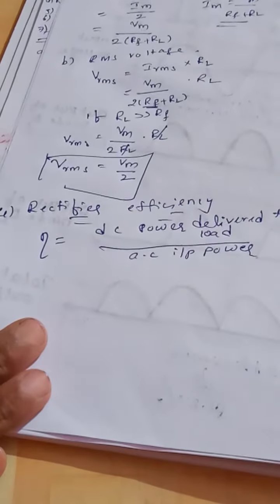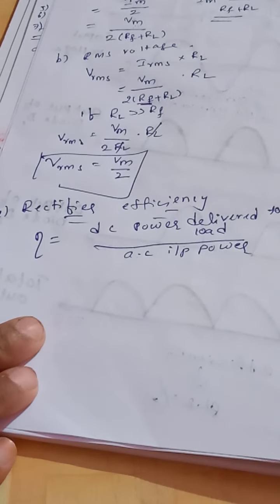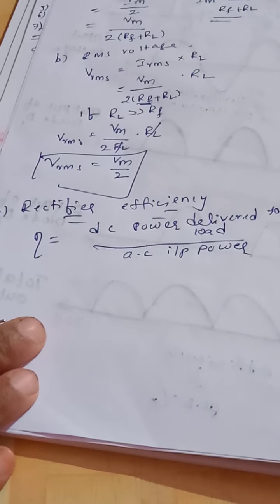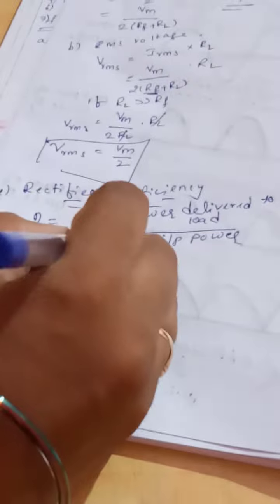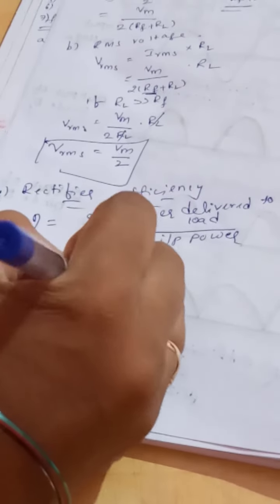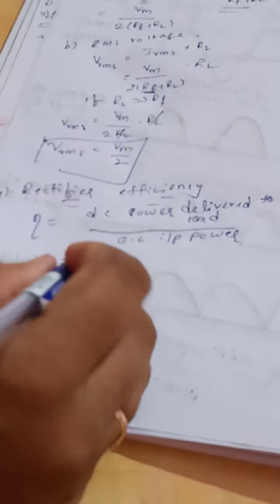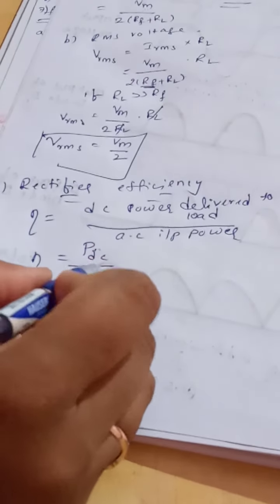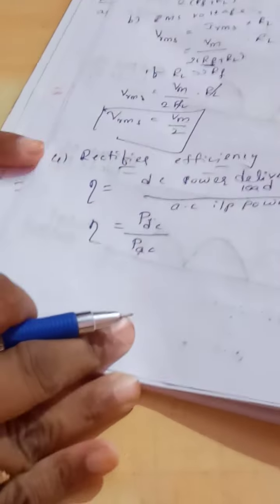In output we are getting DC, so DC power we will write. As input we are sending AC, so I wrote it as AC input power. So this is written as PDC by PAC.